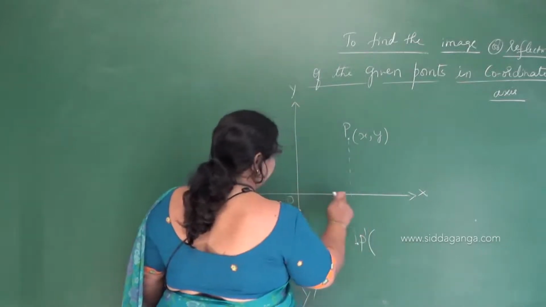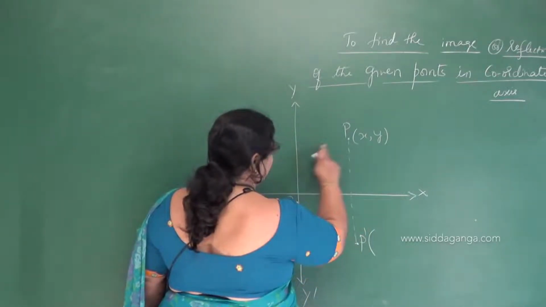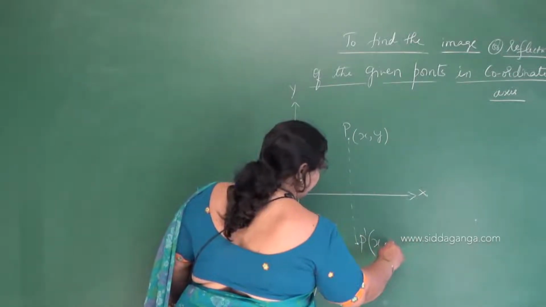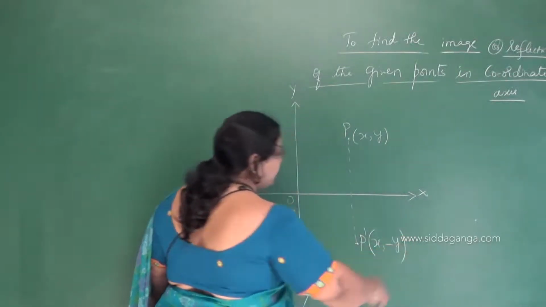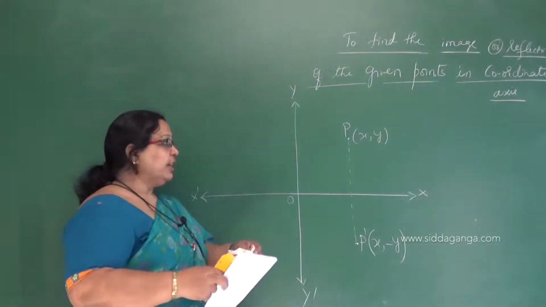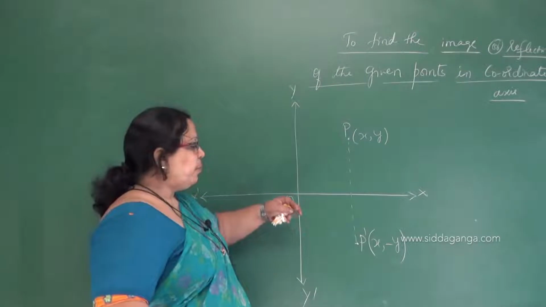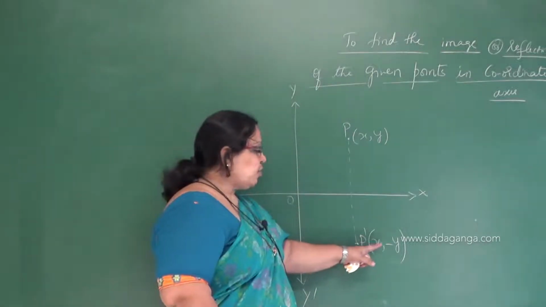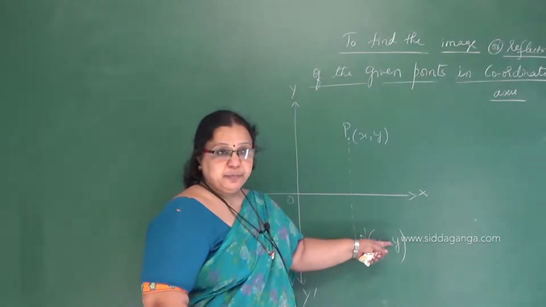Look, from here to here the distance, the x coordinate is the same. In the fourth quadrant we have minus y. So therefore the image or the reflection of the point in x-axis is x comma minus y.